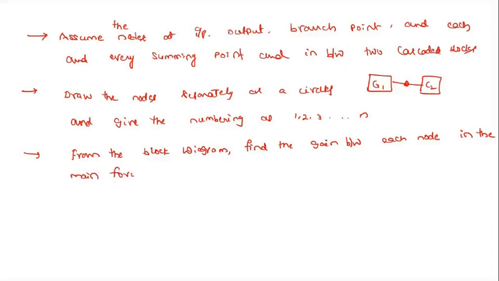So what is the main forward path? Main forward path means it is a direct line from input to the output without deviating in some other direction. That is called the main forward path.